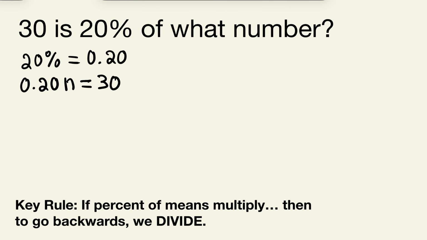So in order to find that number, we have to divide by 0.20 on both sides. So let's go ahead and do that. 0.20 on the left and on the right.